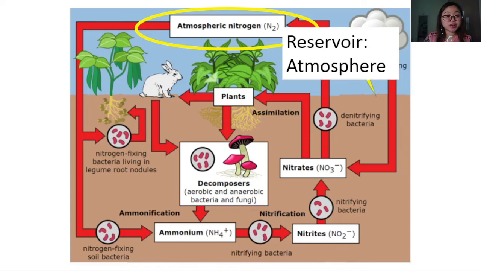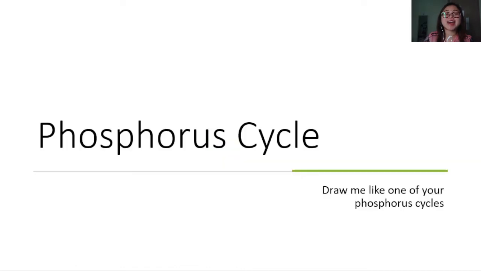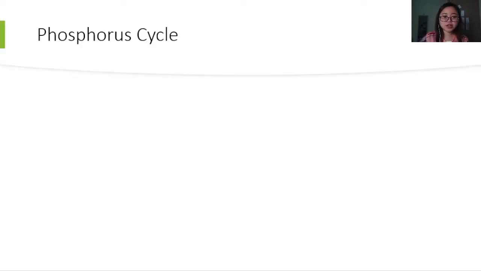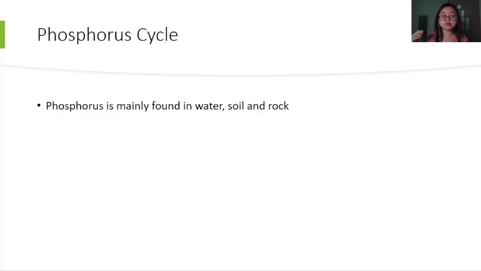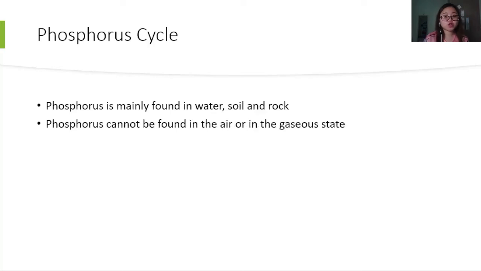And we're going to continue with the third and the final biogeochemical cycle for this lesson, which is the phosphorus cycle. So when we talk about the phosphorus cycle, we are talking about phosphorus, which is mainly found in water, soil, and rock. Phosphorus cannot be found in the air or in the gaseous state.